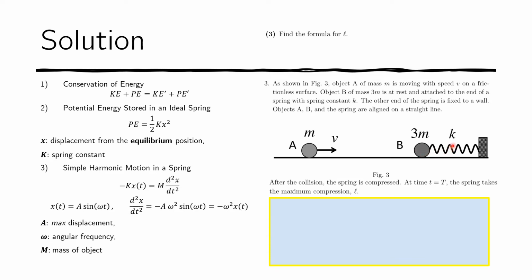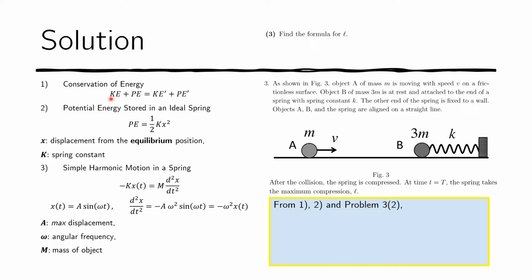And so at the point where the compression is maximum, it is stationary. Its speed is zero. And so we can use this conservation of energy to solve for how long this compression is. So let's use the conservation of energy.